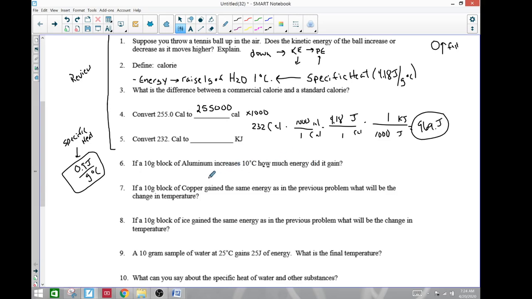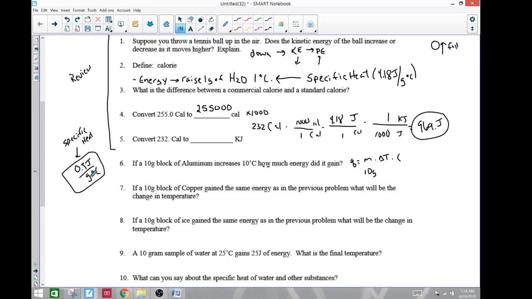All right, so we could use this formula, and you could also use these units to factor label it, but it's going to be the energy equals the mass times change in temperature times specific heat. So we're looking for energy, which is Q. The mass is 10 grams. And if you forget the unit that this thing is, look over here.